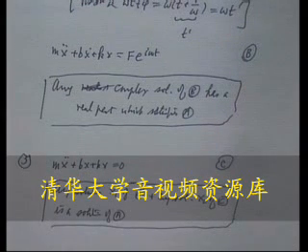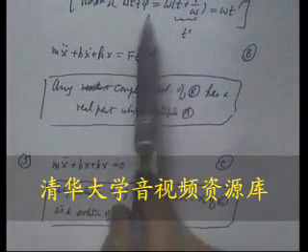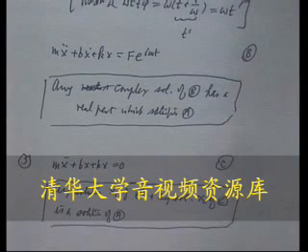But the x1 part we already discussed the last time is an exponential i omega t. When you take the real part, it becomes a cosine.